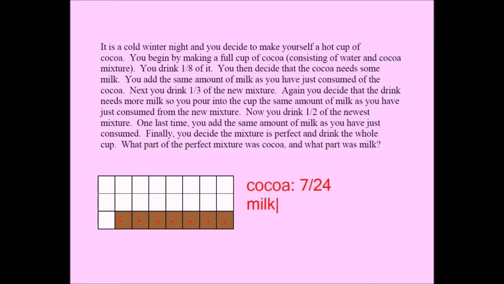And milk is going to be, well, out of 24, 7 of them are cocoa, the rest are milk. And that's going to be your 17 boxes for milk out of 24. So this is the composition of your mixture: 7/24 parts cocoa and 17/24 parts milk.